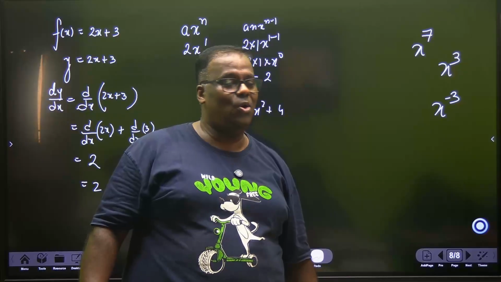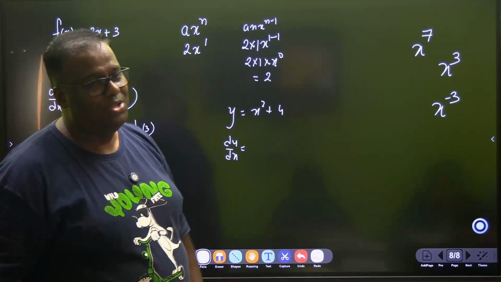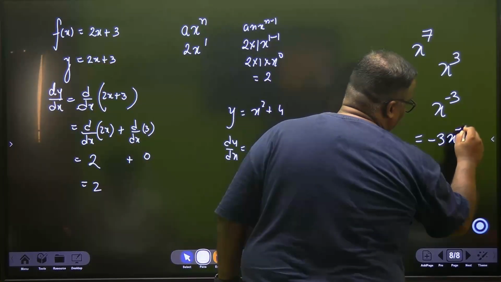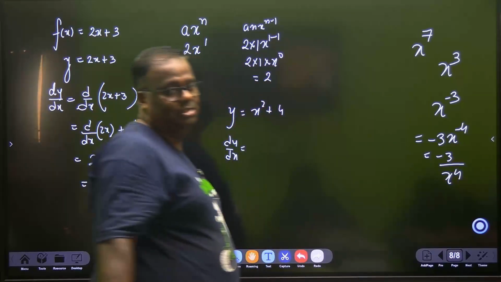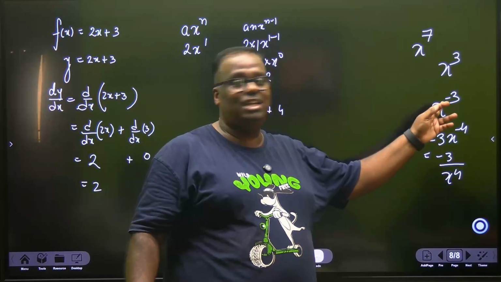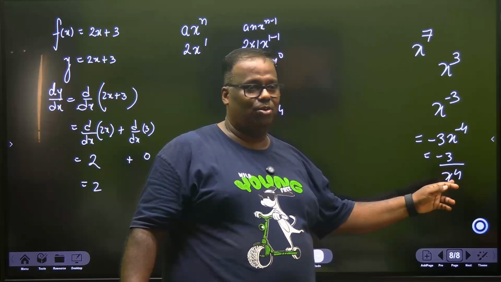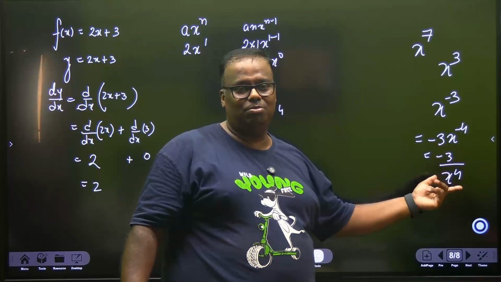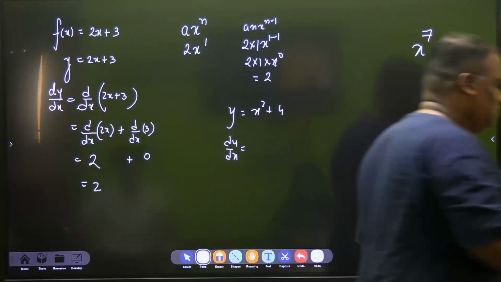Using n x to the power n minus 1, this derivative is minus 3x to the power minus 4, which can be written as minus 3 by x to the power 4. Whenever the power is negative, look at the trick: put the x down in the denominator, retain the negative on the numerator, and increase the power by 1 as a positive on the denominator. This will come to you slowly.